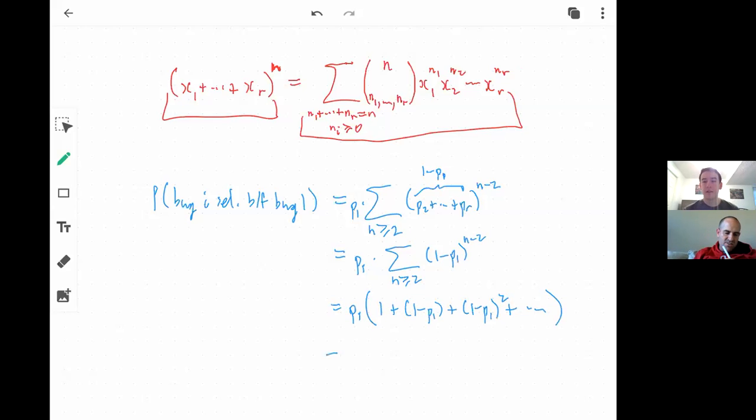What would that be? Something's not right. What would that say this is equal to? Wasn't that p1 times 1 over 1 minus...? But that's just one.